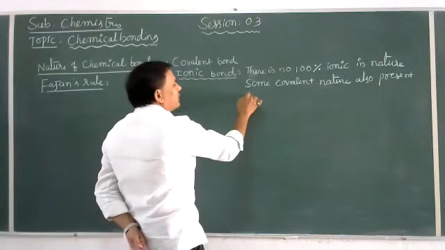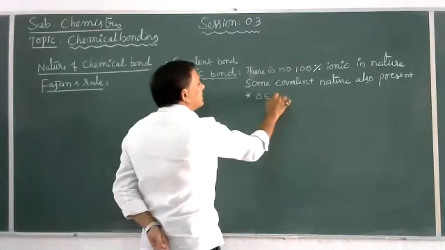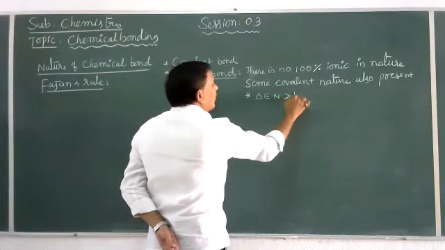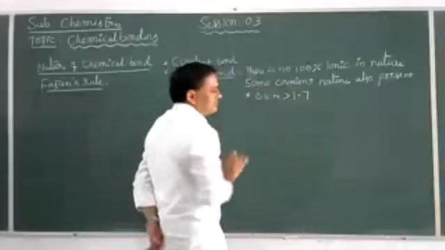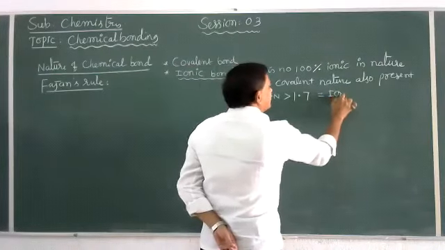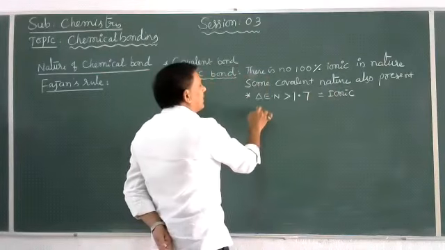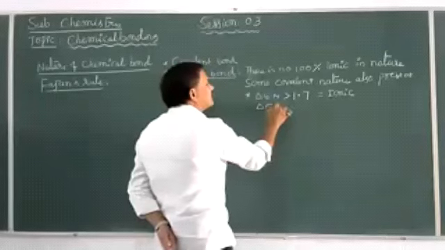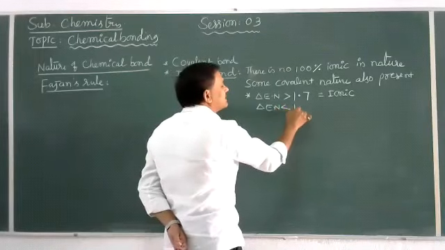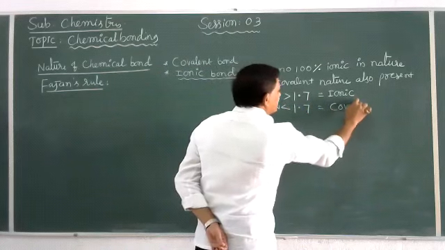Already one point explained to you: if the electronegativity difference is greater than 1.7, that is ionic in nature, an ionic compound. If the electronegativity difference between two atoms is less than 1.7, that is generally covalent in nature.